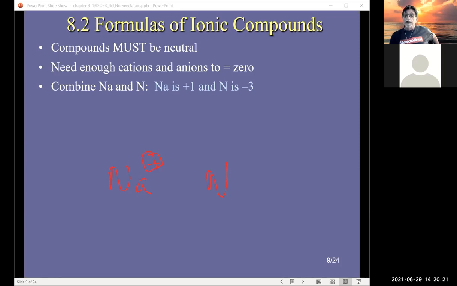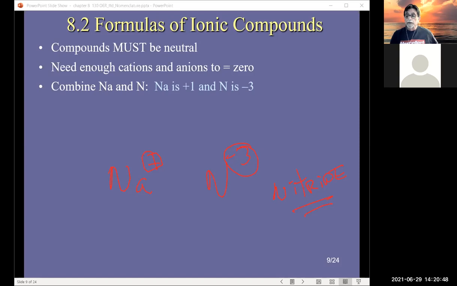We'll be doing that. And yes, Claudia, -3 is the charge for nitrogen when it becomes an ion. Not only that, its name becomes nitride. Okay, so keep that in mind as we need to name it.